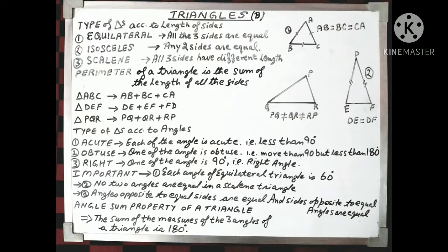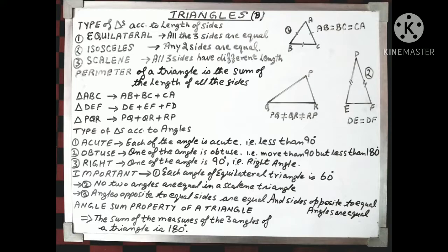The second type is the obtuse angled triangle, in which one angle is obtuse, that is, more than 90 degrees but less than 180 degrees. The third is the right angled triangle, in which one angle is 90 degrees, which we call a right angle.